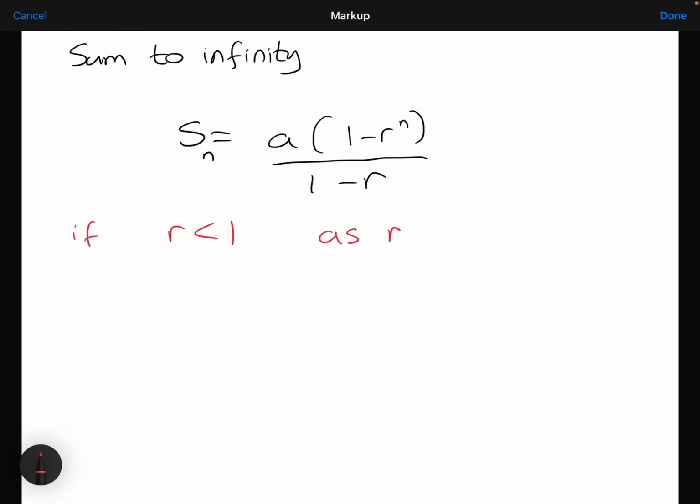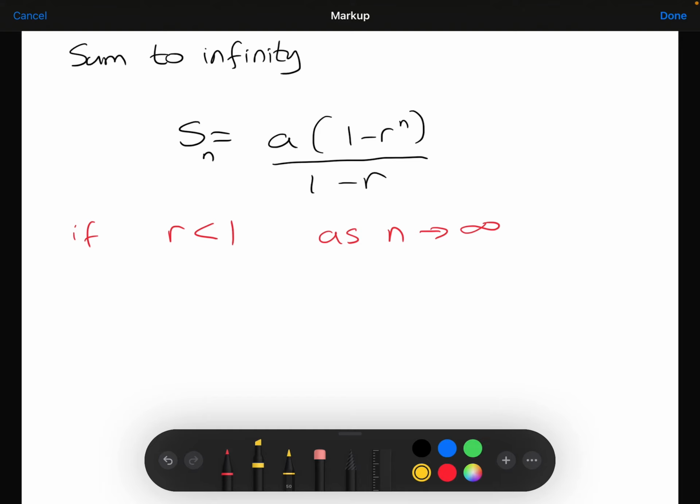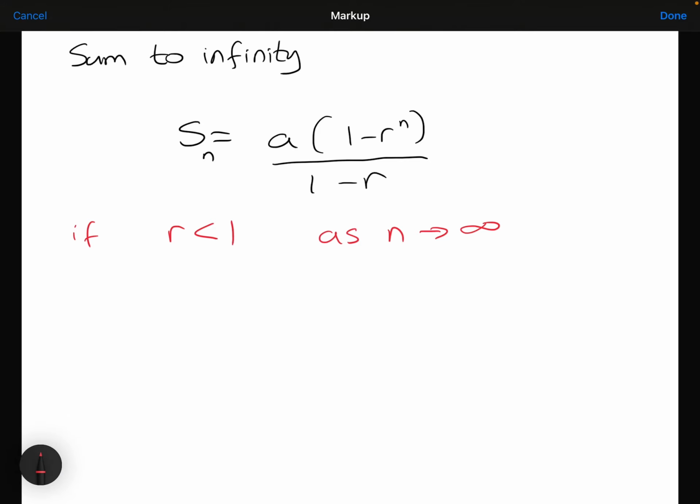as n tends to infinity, as I add an infinite number of terms, what happens to this here, the r to the power n? Well, let's think. I am taking a number that is less than 1 and I'm multiplying it n times.